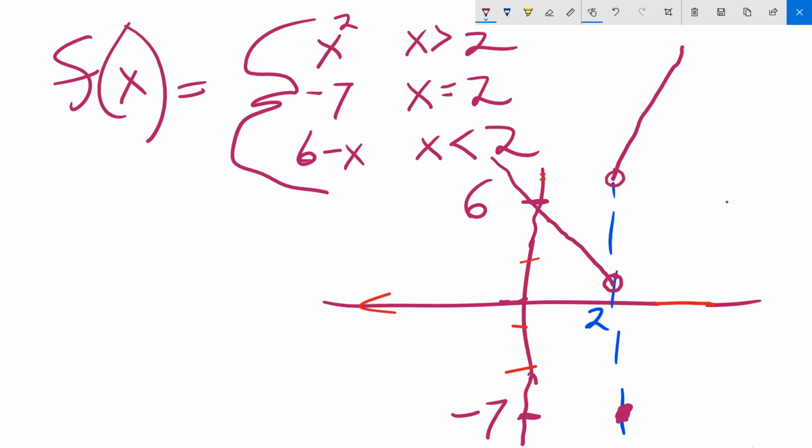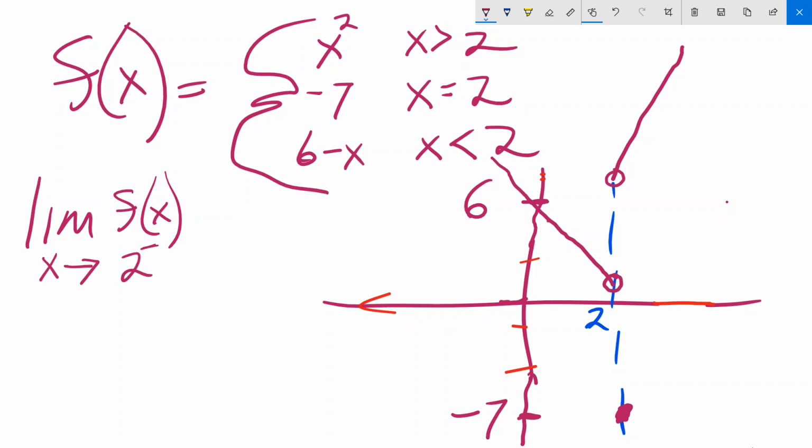So now give me your limit questions. The limit questions are 2 minus, 2 plus, and 2. So limit x tending to 2 from the left. What's that equal to? Okay, so 2 minus, it's less than 2, so 6 minus x, right?